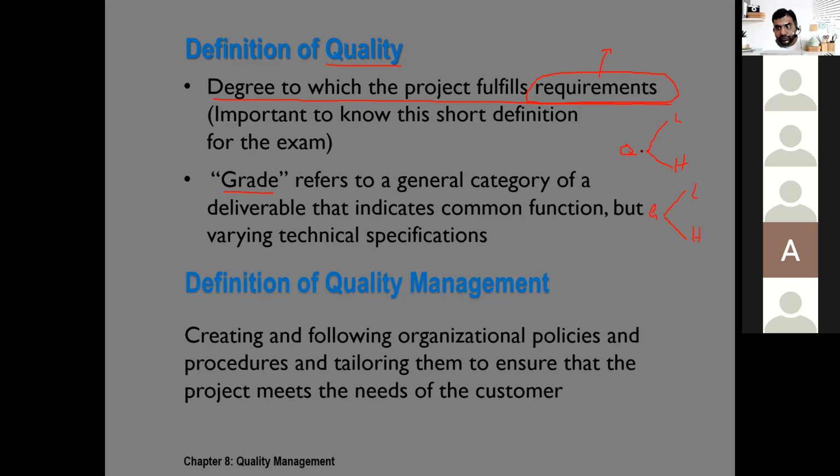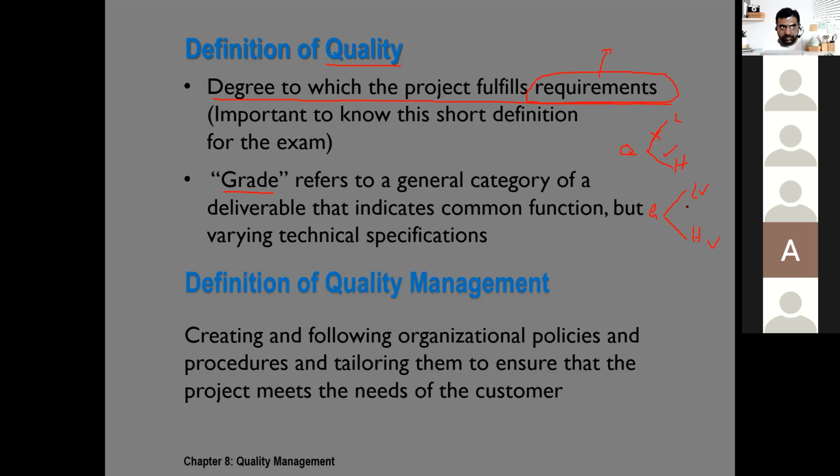It is important to understand that quality and grade are different things. Grade could be low, could be high. It's all right. But when we talk about quality, quality must not be low.